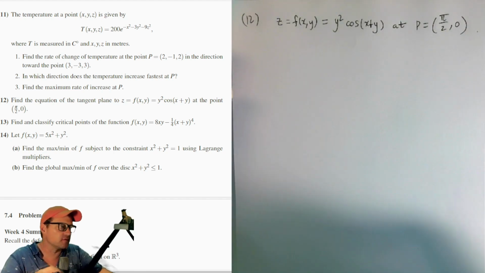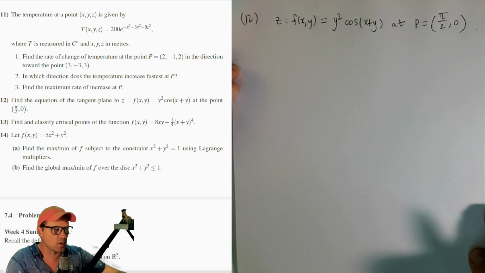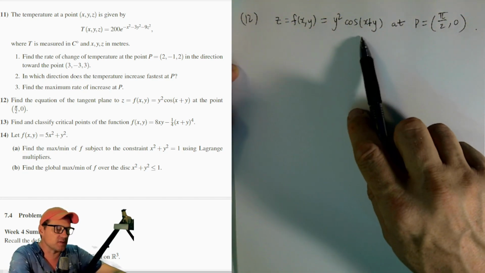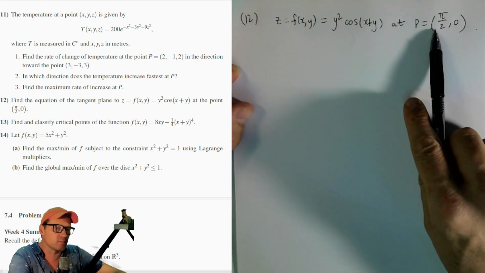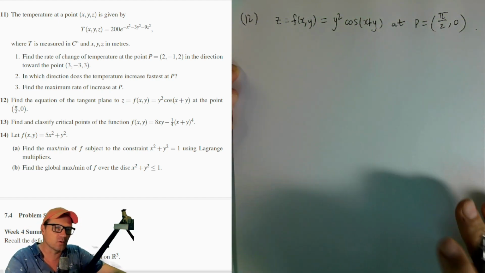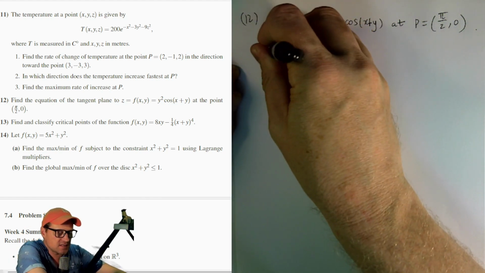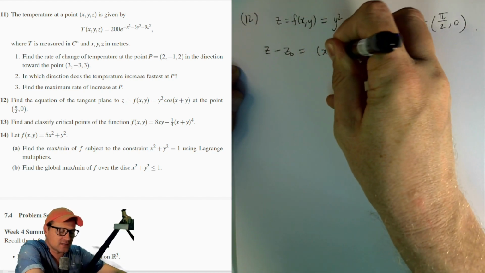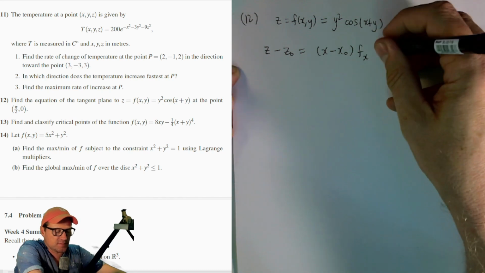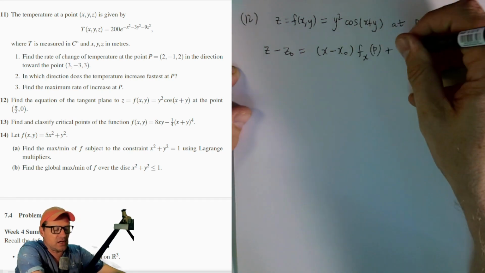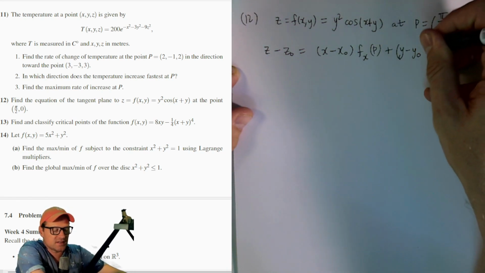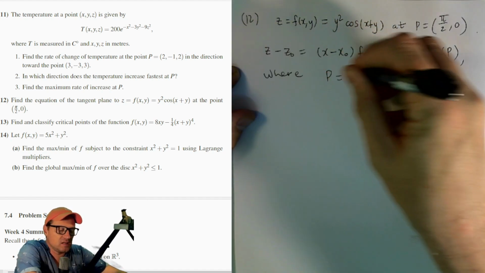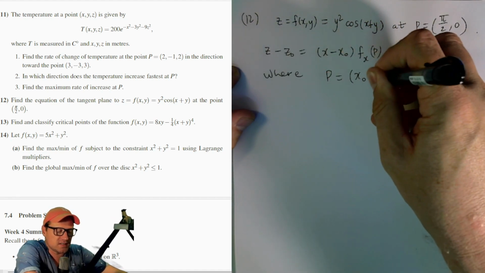Okay, question 12. So this question says, find the equation of the tangent plane to z equals y squared plus cos x plus y at the point P. Now, the formula for the tangent plane is z minus z0 is equal to x minus x0 times f subscript x at P plus y minus y0 times f subscript y at P, where P equals x0, y0, z0.